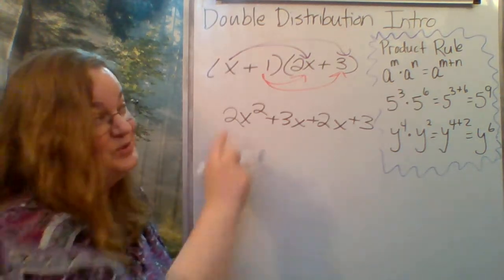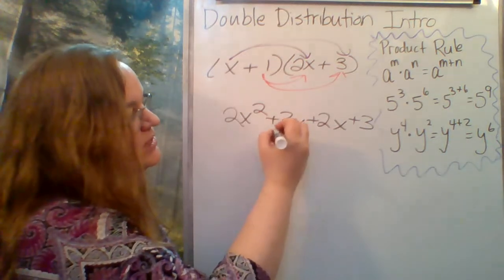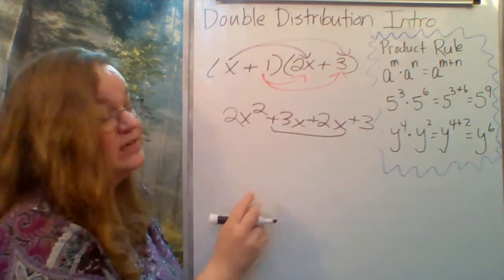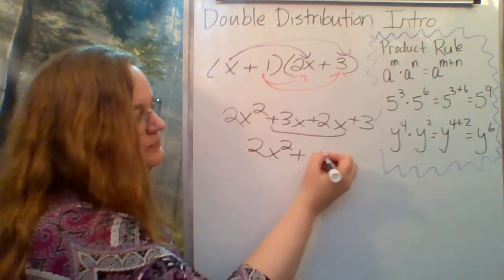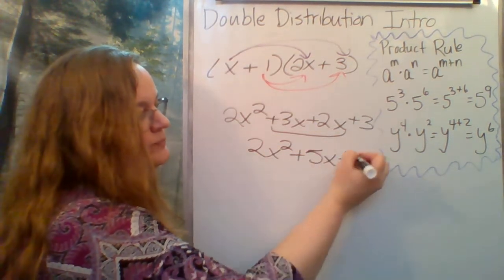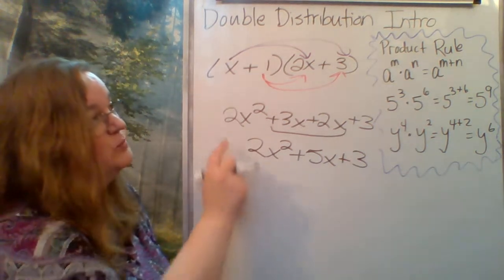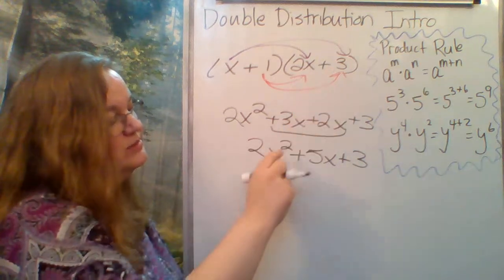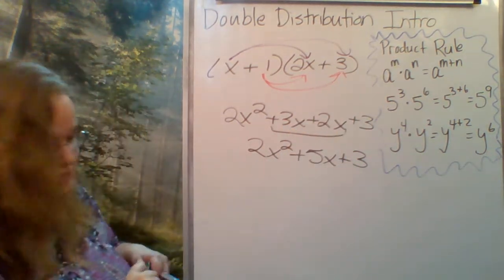If you end up with only 3 before you combine like terms, then you know you missed something, so double check. 3x plus 2x, I'm going to now combine like terms. Those go together. And that's my final answer. When I multiplied these two binomials, I ended up with this trinomial after I combined like terms.